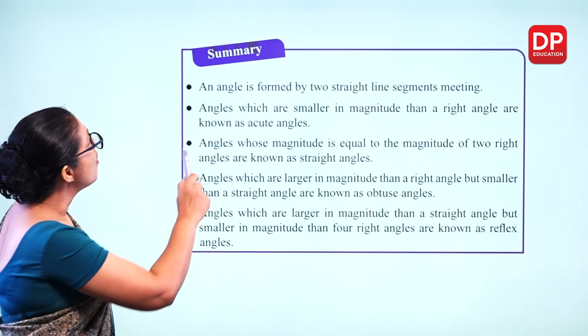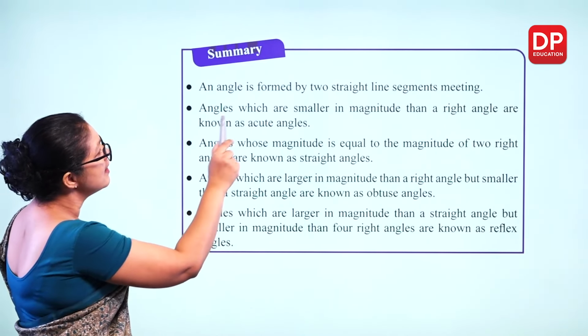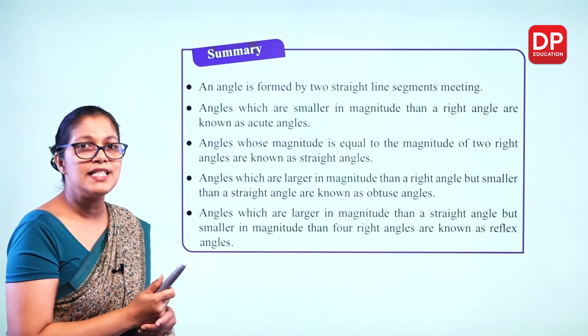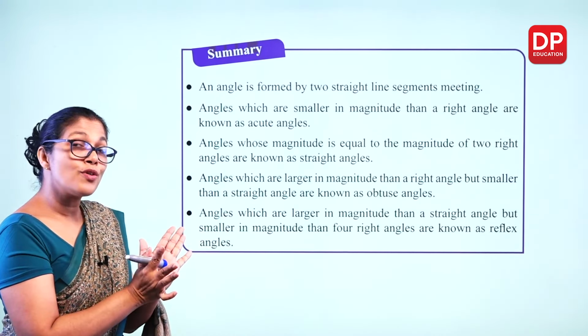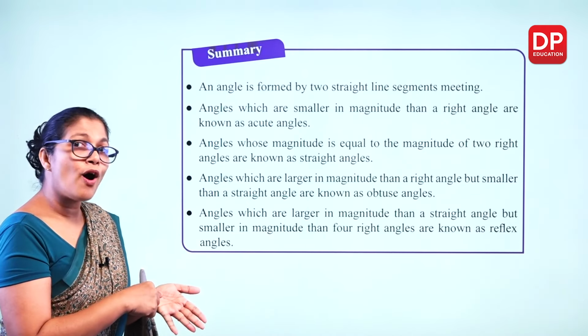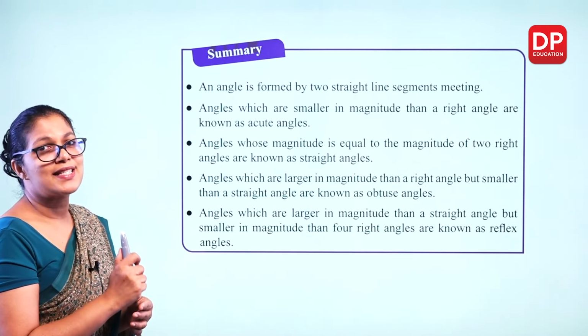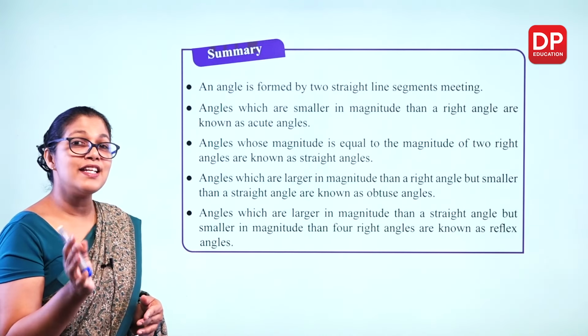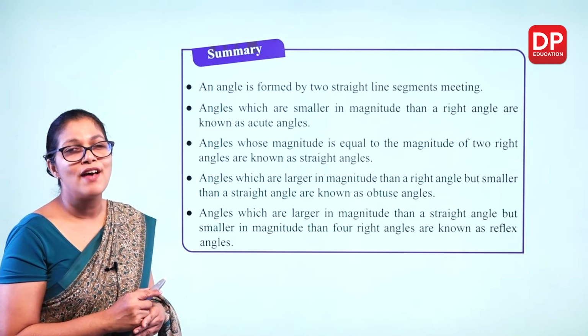And what is an angle? An angle is formed by two straight line segments meeting. So we call those two arms, and the point is the vertex. So look carefully in the environment and identify all types of angles.